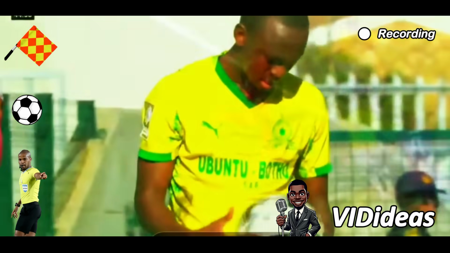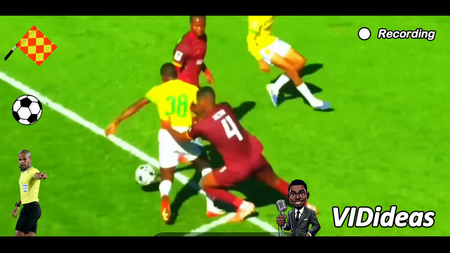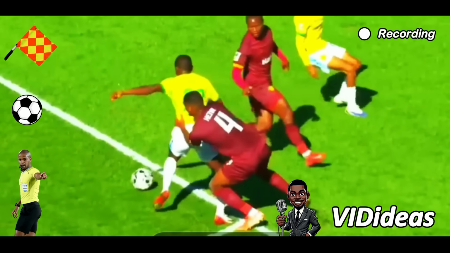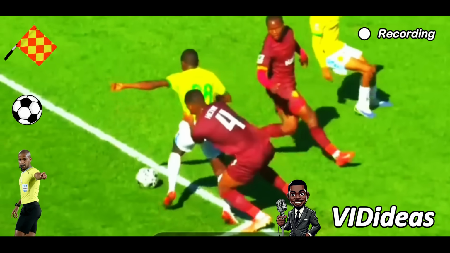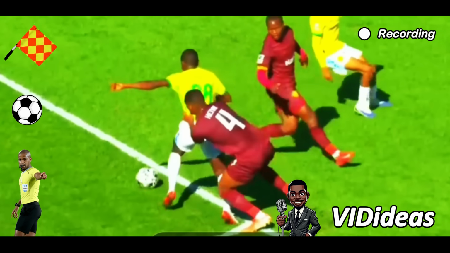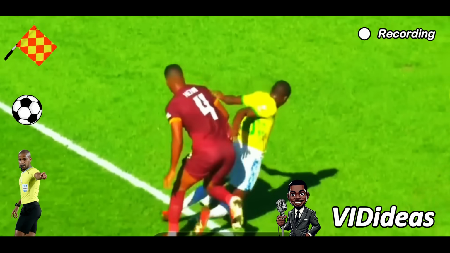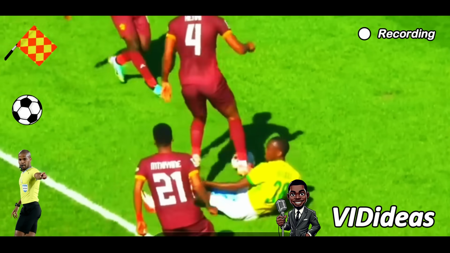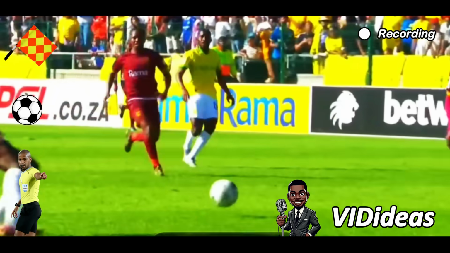But let's see what happens here, right? So as you can see, the foul starts to occur outside the box, right? It occurs outside the box and Shalulile falls into the box, right?